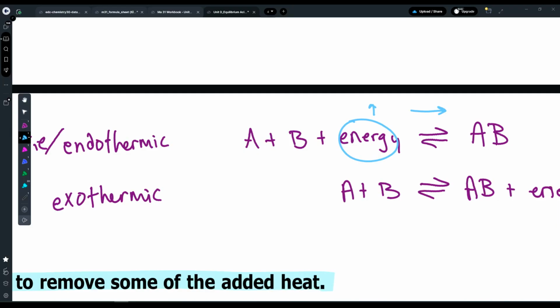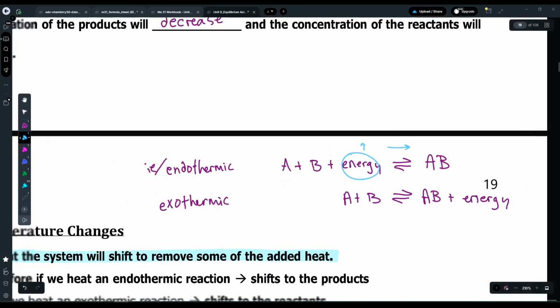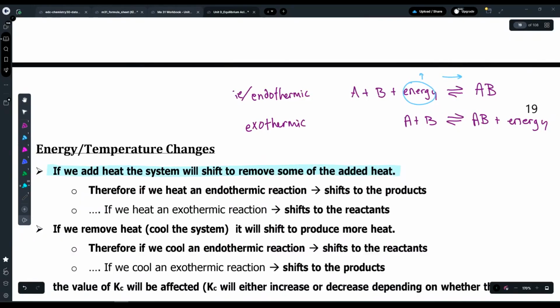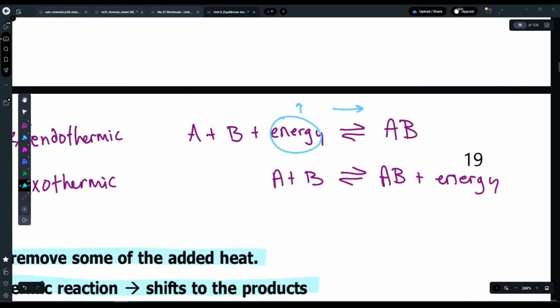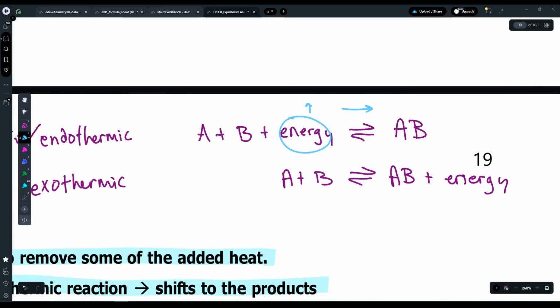So if we add heat to an endothermic reaction, it's going to shift to favor the products. However, if we add heat in an exothermic reaction, so if we increase the amount of heat, it's going to shift away. So it shifts to favor the reactant side.